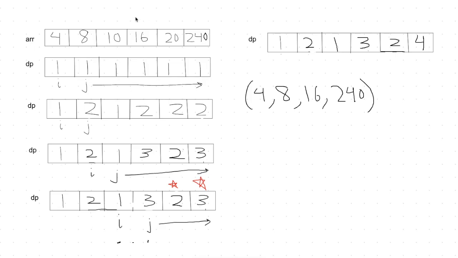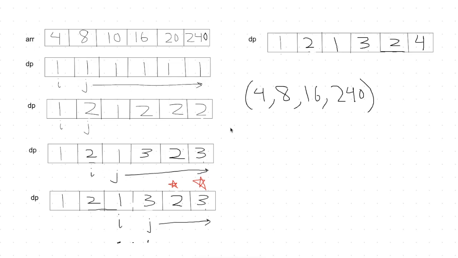Is 20 divisible by 8? Nope, so we just preserve the previous DP value. And is 240 divisible by 8? Yes, it is, and we add 1 to what we saw at 8, and that gives us 3. So these subsets with size 3 right now are 16, 8, 4, and 240, 8, and 4.